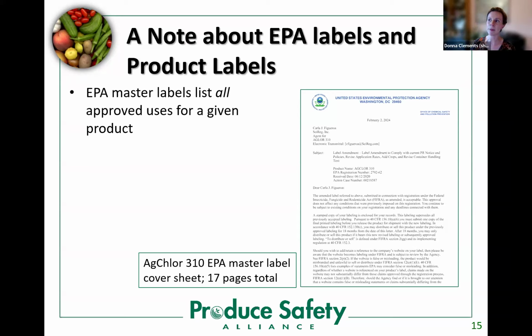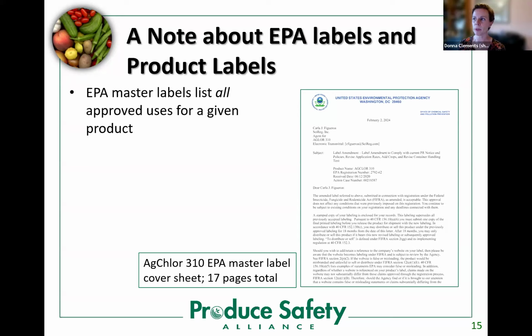When I say an EPA master label, this is that federal label. In the example here on the right, I pulled up the cover sheet for the AgChlor 310. So this is the cover sheet on the EPA master label, and that's 17 pages long.